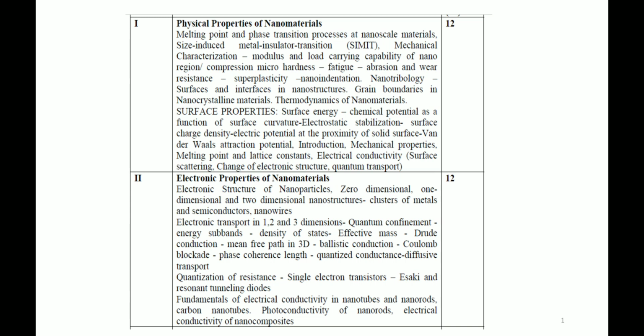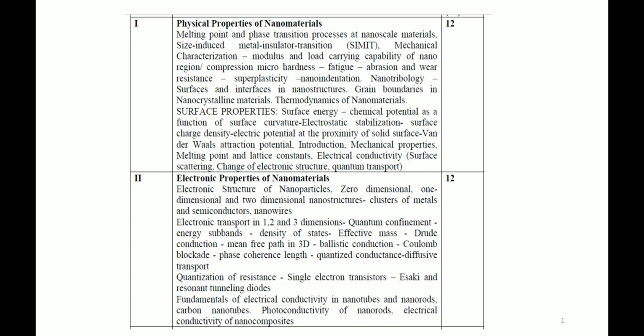So the surface-related effects are going to change when we go to the nanoscale, and then we can try to correlate the mechanical and thermodynamical properties based on the surface properties of these nanomaterials.